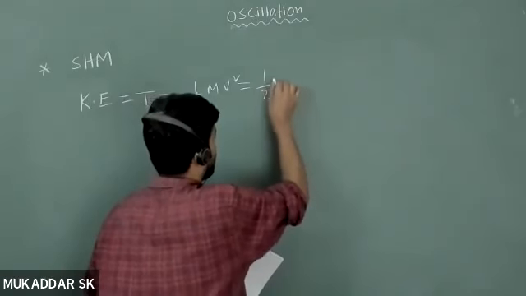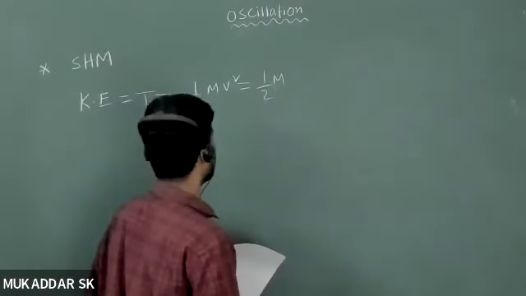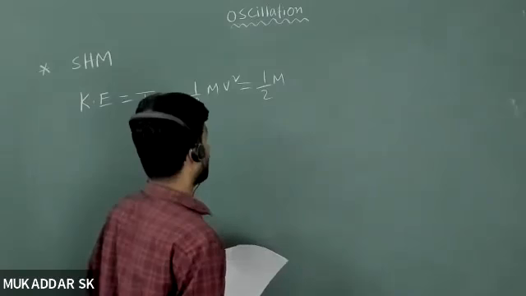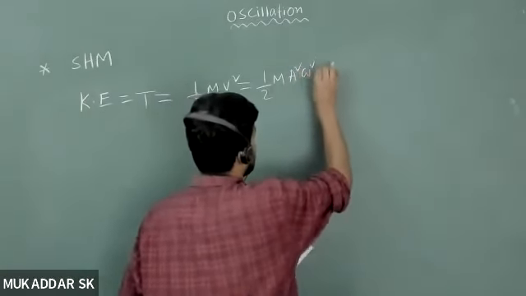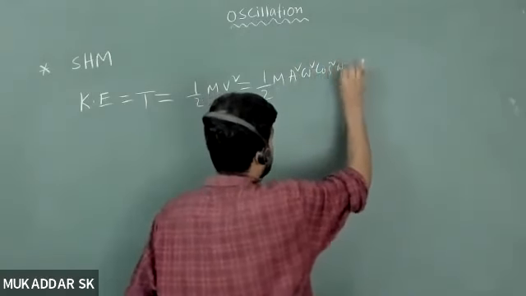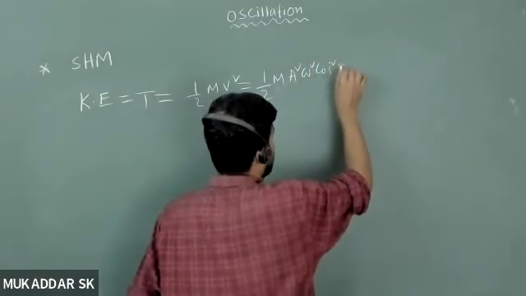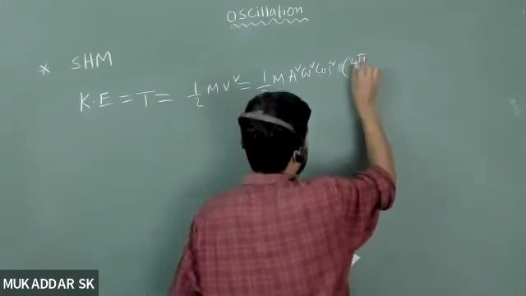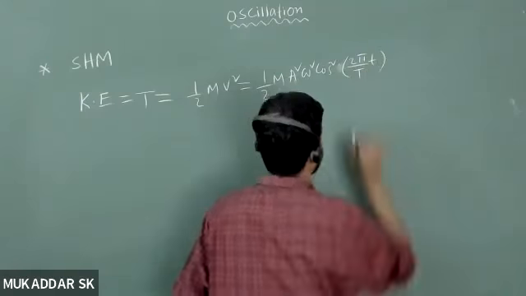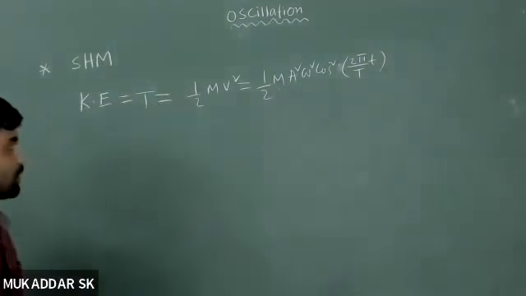So it will be half m. In place of v, you have to substitute a omega cos omega t. So obviously you will get a square omega square cos square omega t. And you know omega, I'll write that omega again, omega in terms of time period, so it will be 2 pi by capital T, then you will have small t. Okay.